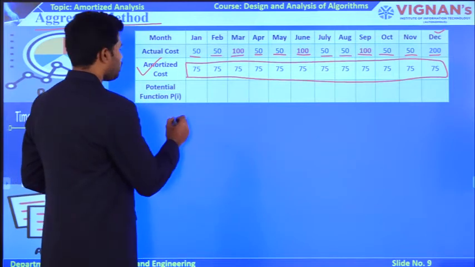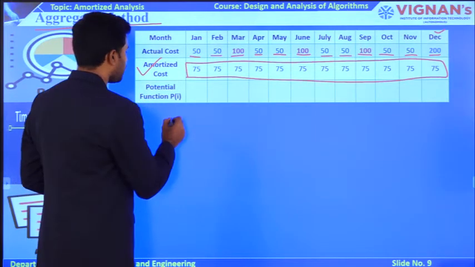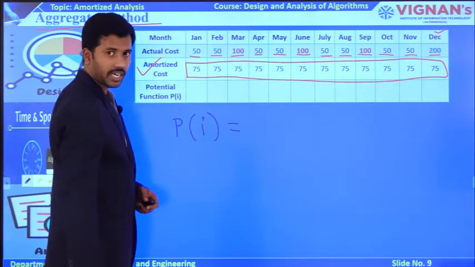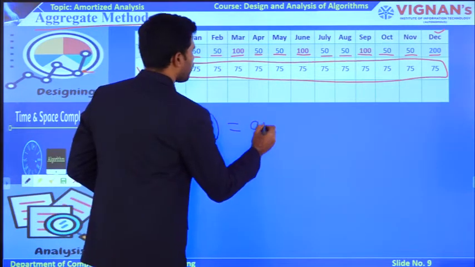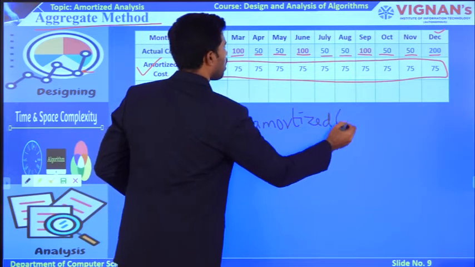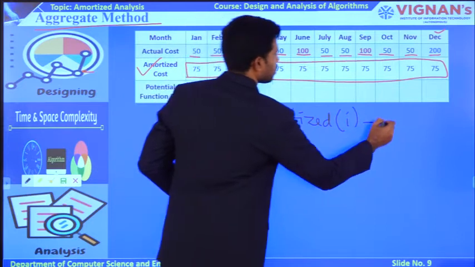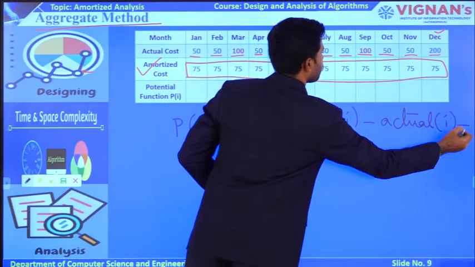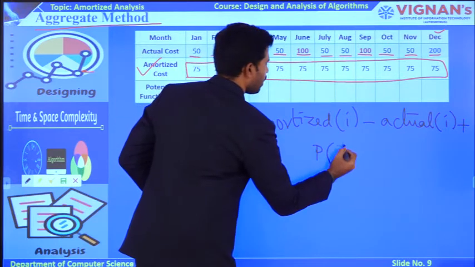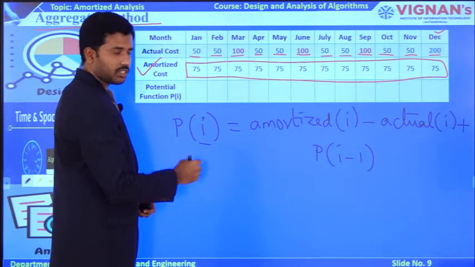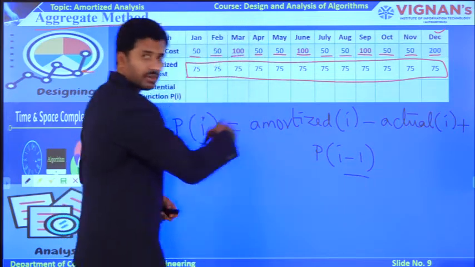As per the previous discussion on mathematical formulas, I got a formula for the potential function P of i. P of i equals amortized cost of i minus actual of i plus P of i minus 1. P of i defines the current instruction, P of i minus 1 defines the previous instruction.